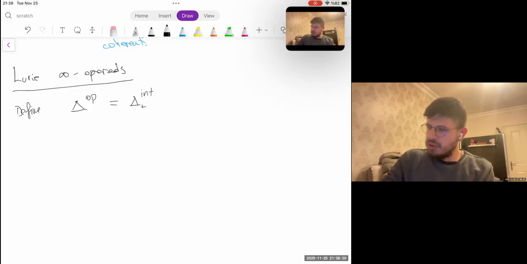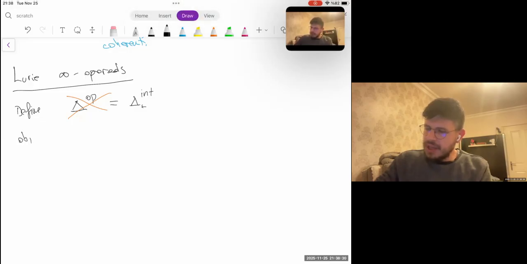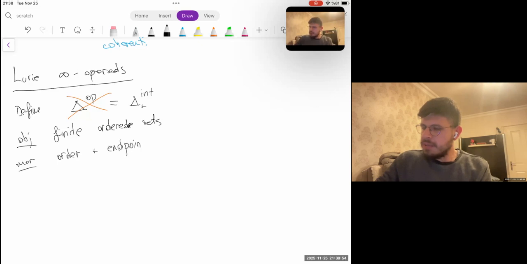If you want my advice, you forget about that for a second. So this has as objects finite ordered sets, and as morphisms order preserving maps, order plus endpoint preserving maps.